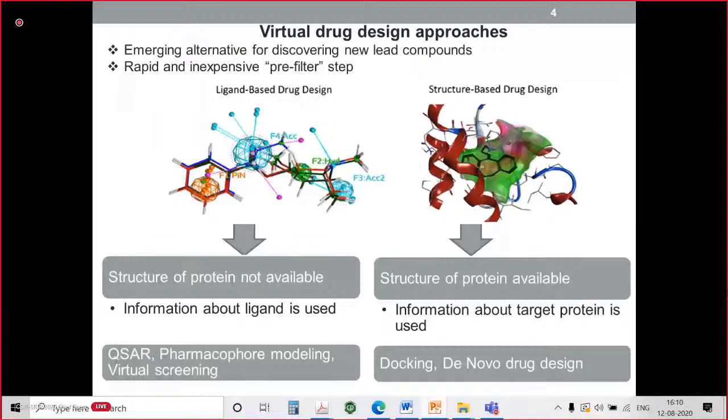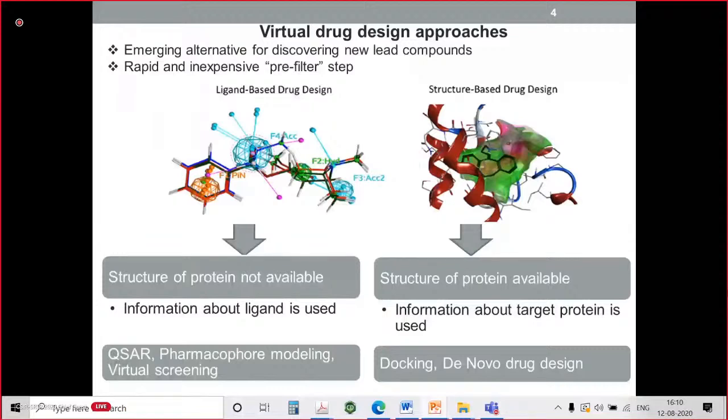So our today's talk is very much focused on fragment-based drug design, and this is used in both the ligand as well as structure-based drug design approaches. So these are virtual drug design approaches.